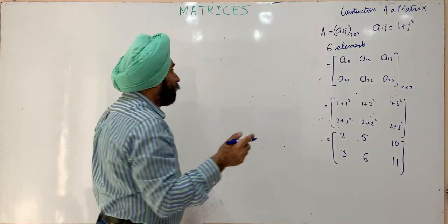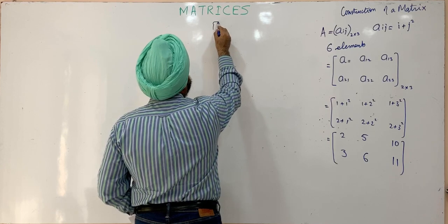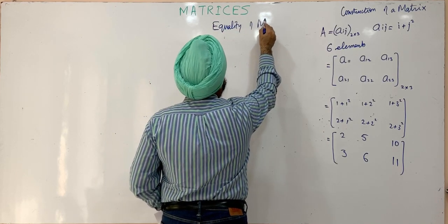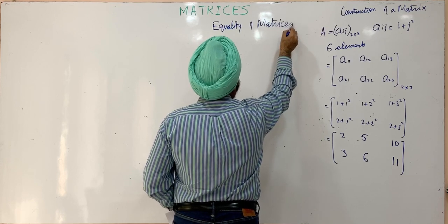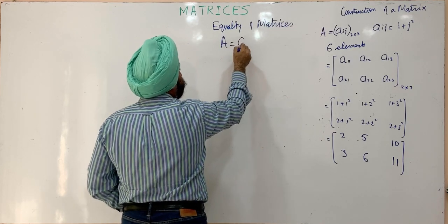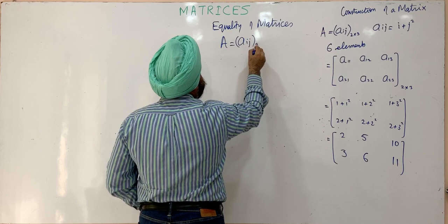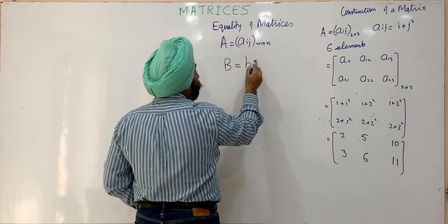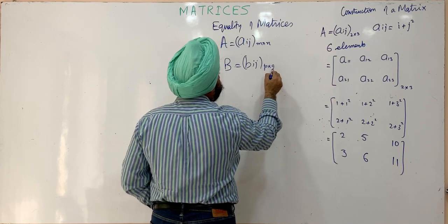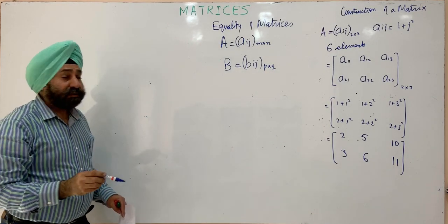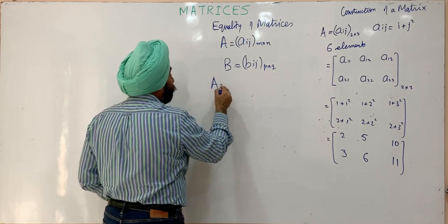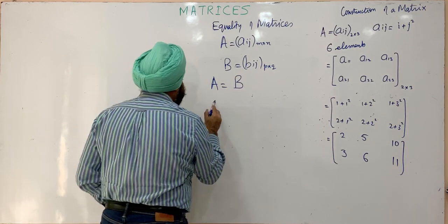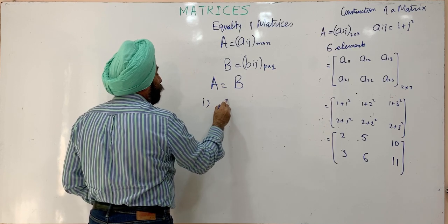After construction, we have the next concept, that is equality of matrices. Let's say we have matrix A, with general element Aij, of order m by n, and matrix B, with general element Bij, of order p by q. If I say matrix A is equal to matrix B, this means the following. 1.